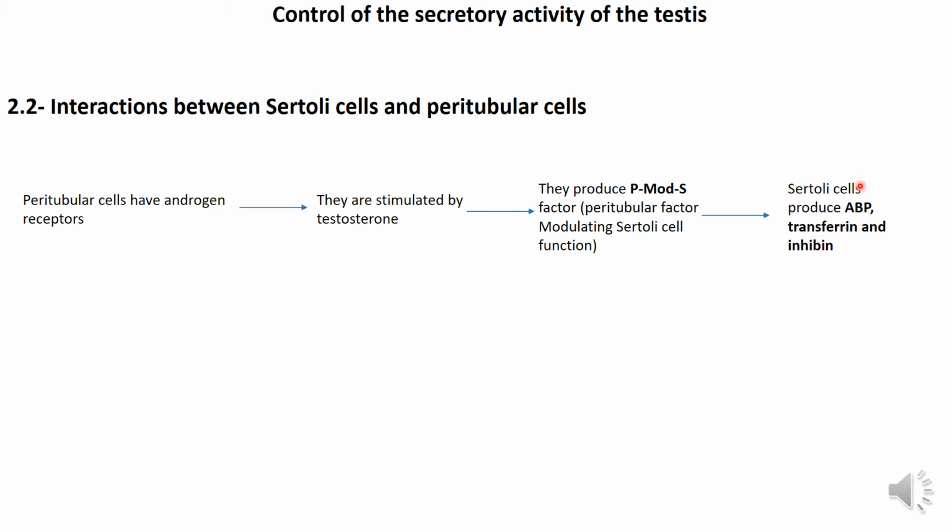So now we can see that the Sertoli cells stimulated by the PMOD S can produce the ABP. We have seen earlier that the Sertoli cells under the action of testosterone can produce this ABP, and under the action of FSH also, but also under the action of PMOD S they can produce the androgen binding protein, and they will produce the transferrin and inhibin also.